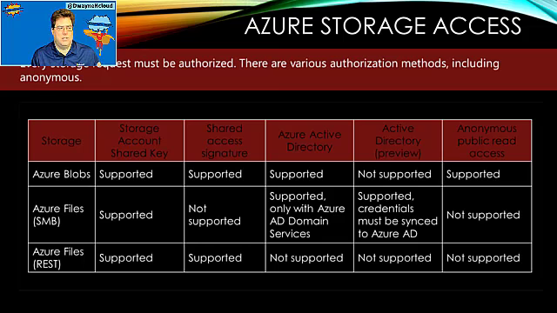And we can see, in terms of Azure blobs or containers within Azure storage accounts, they're supported for storage account shared keys, shared access signatures, Azure Active Directory, as well as you can have anonymous public read access, which, if you turn that on, you're going to get one of those yellow alert triangles, but it is supported.